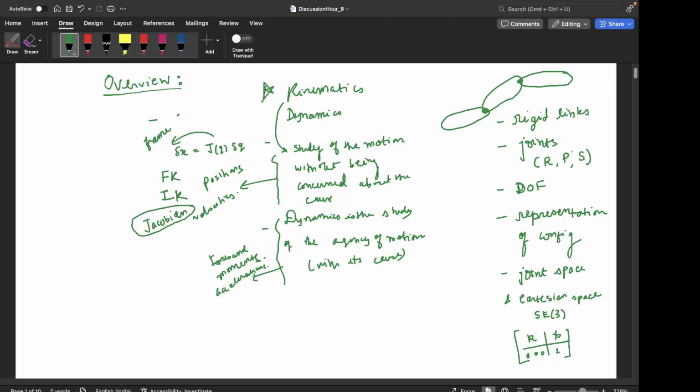So the entire dynamics of this rigid body multi-body system is condensed in the form of the equation of motion. The entire kinematics and dynamics together, I will call kinodynamics.